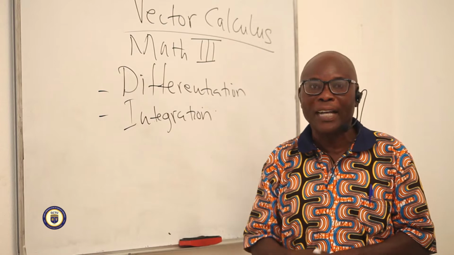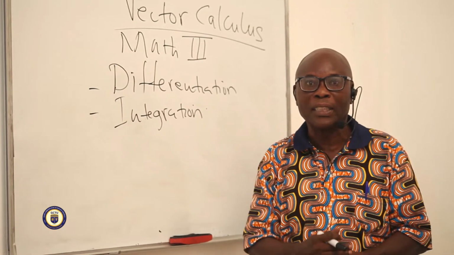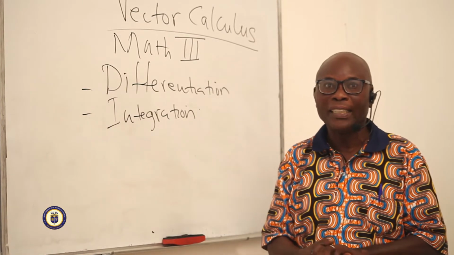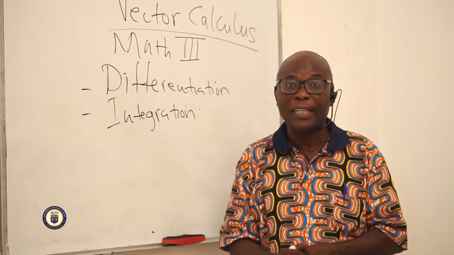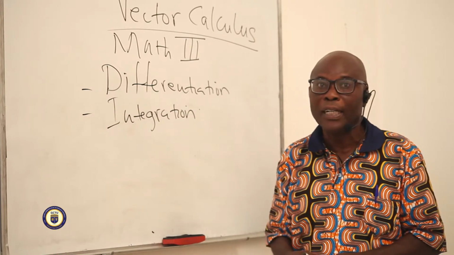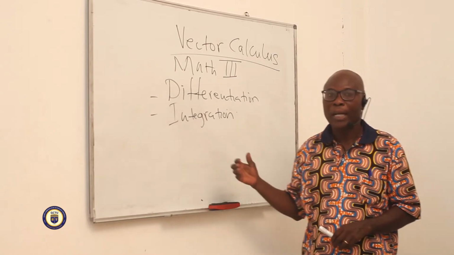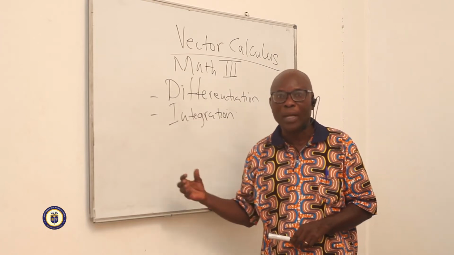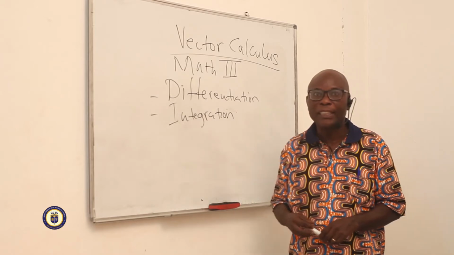So, without much ado, I will request that you go back to Engineering Maths 1, take your notes and revise the basic things that we all learned about vectors. So this short video is about the introduction, and what we need to do is revise our vectors, and also look at the rules of differentiation, integration by substitution, integration by parts, and all these techniques that we learned in Maths 1, which are going to help us in trying to differentiate functions.